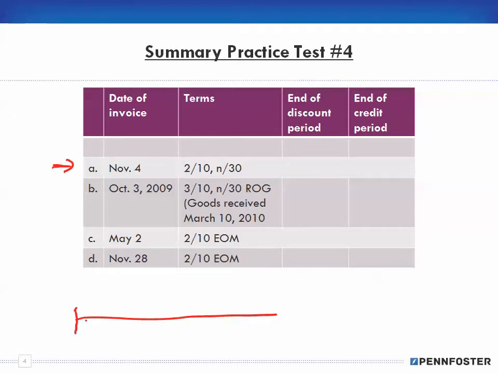You can label the beginning of the period, which would be 11/4. And it's a 2% in 10 days, so I can make this 10 days, and this would be 2% during those 10 days. And of course, I have the net in 30 days. So that's what it looks like on a timeline.